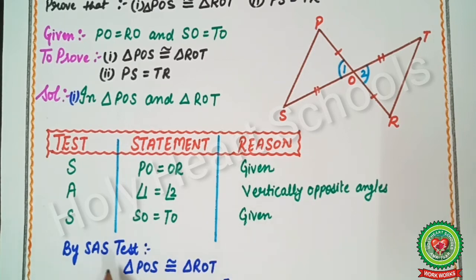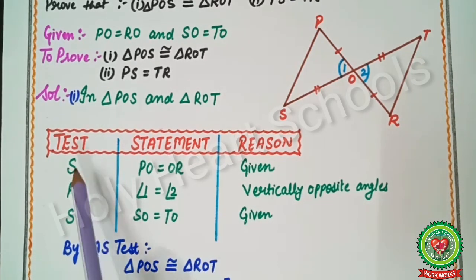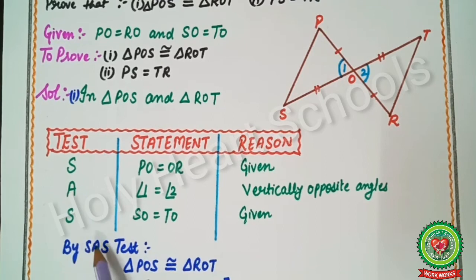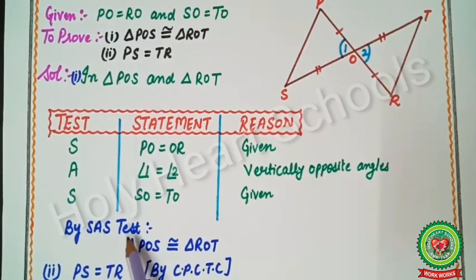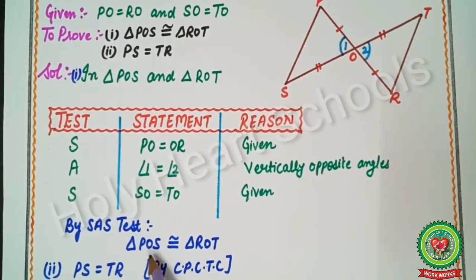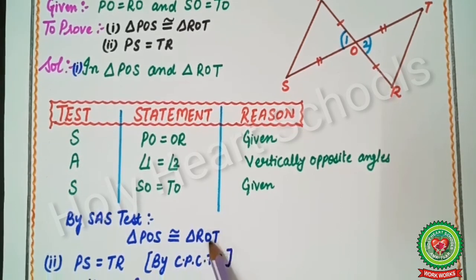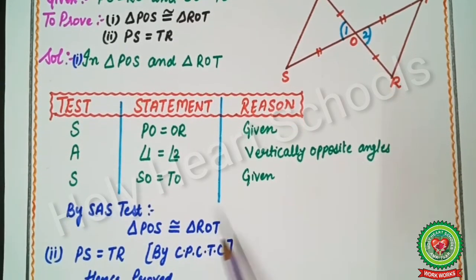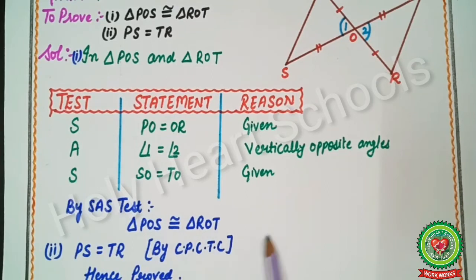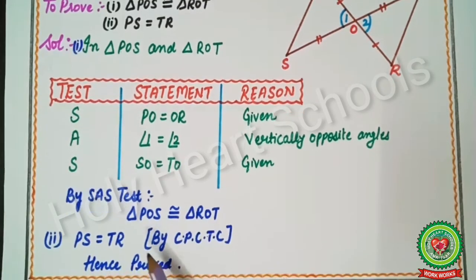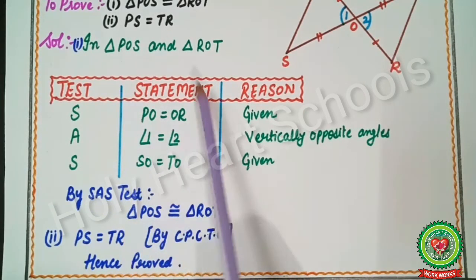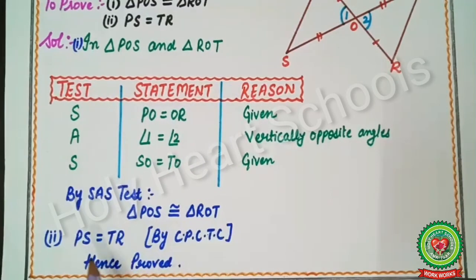Now we will apply here a test. Which test? SAS. So we will write here by SAS test, triangle POS is congruent to triangle ROT, right? So here we have proved that these two triangles are congruent. The next thing is we have to prove that PS is equal to TR. Now how can we prove that these two sides are equal?